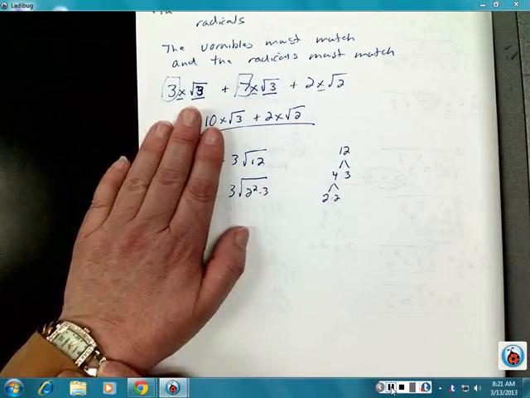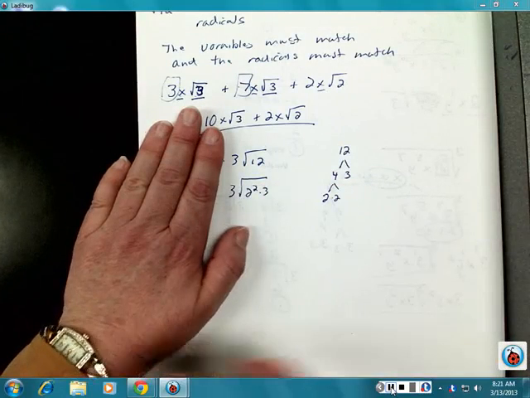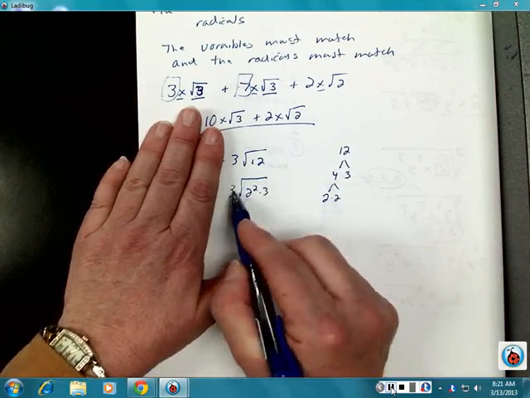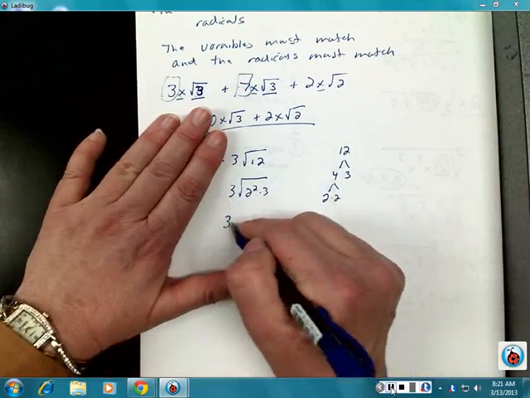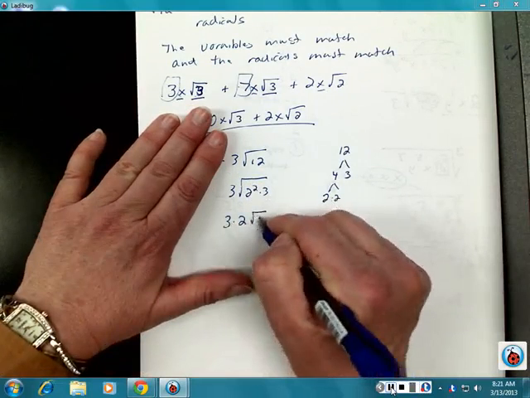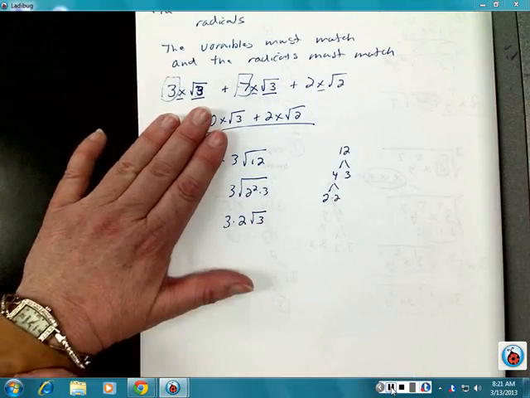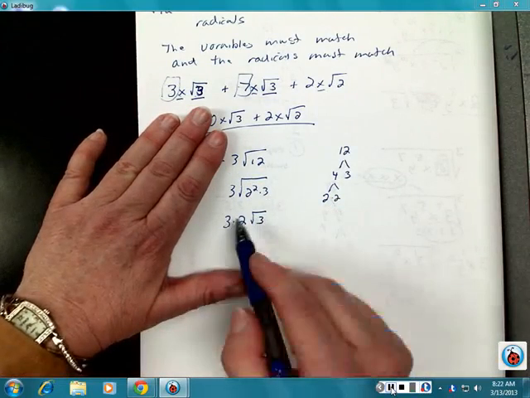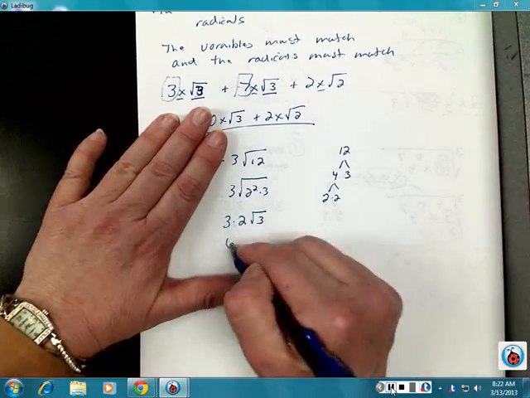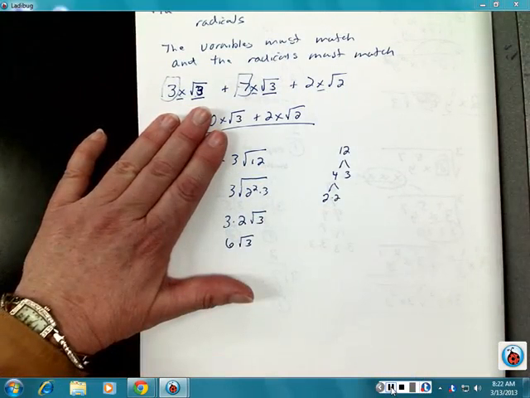We all agree? Okay. So that means I can pull a 2 out. When I pull that 2 out, I have 3 times 2, the square root of 3. And 3 times 2 is 6, the square root of 3. So far, so good?